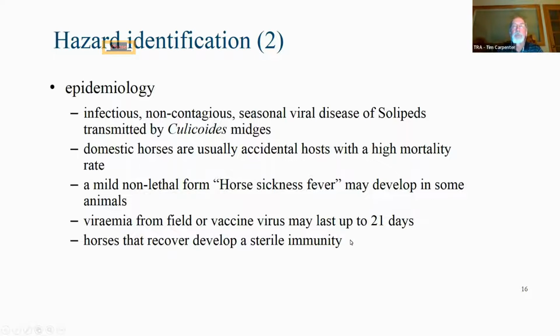So importantly, as I talked about, is the viremia, and the viremia may last up to 21 days, and it may last for that period of time if the animal were naturally exposed, infected, or if the animal were vaccinated, and the vaccine, if it's an attenuated vaccine, reverts to virulence. So in either case, you may be looking at a potential exposure period from an infected animal that is viremic for up to 21 days.